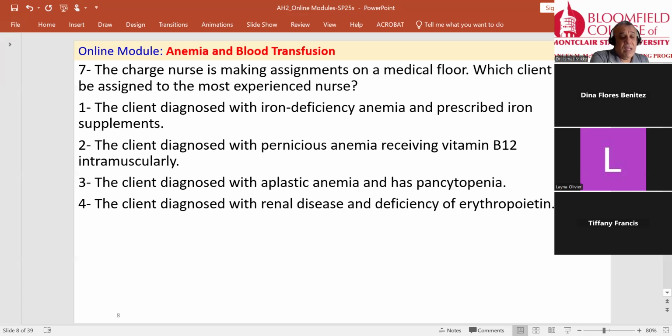So 1, 2, and 4, any nurse can take care of these three patients, regardless of experience or whether newly graduated. But the most experienced nurse is needed for number 3.